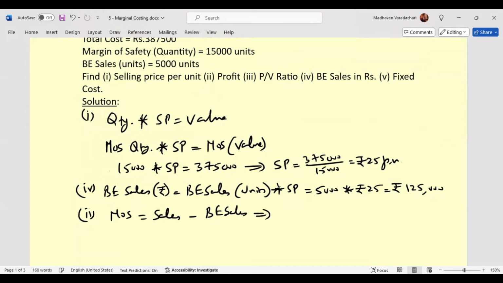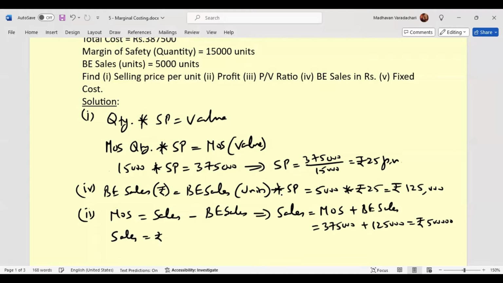That means sales is equal to margin of safety plus break-even sales. That is, margin of safety in terms of value is 3,75,000 plus break-even sales. Just now we calculated it is 1,25,000. Together it becomes 5 lakhs. So our sale is 5 lakhs.